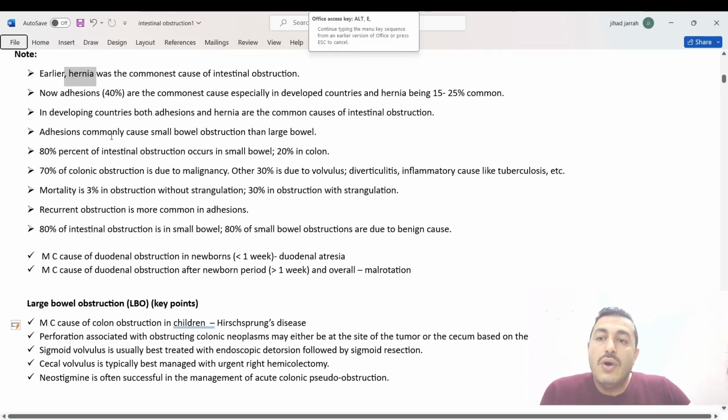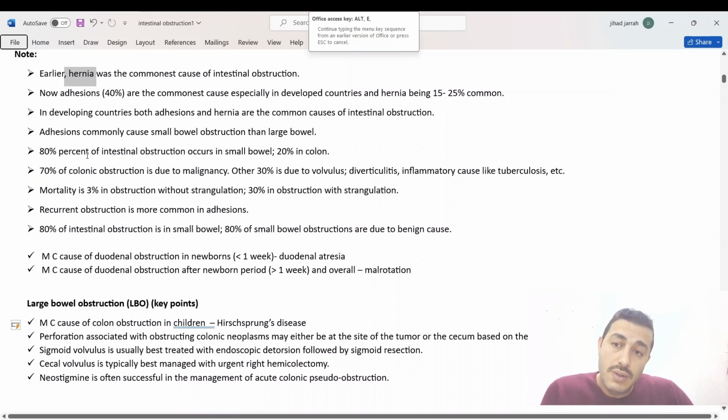Also, adhesion more commonly causes small bowel obstruction than large bowel obstruction. 80% of intestinal obstruction is due to small bowel obstruction, while 20% is in the colon.